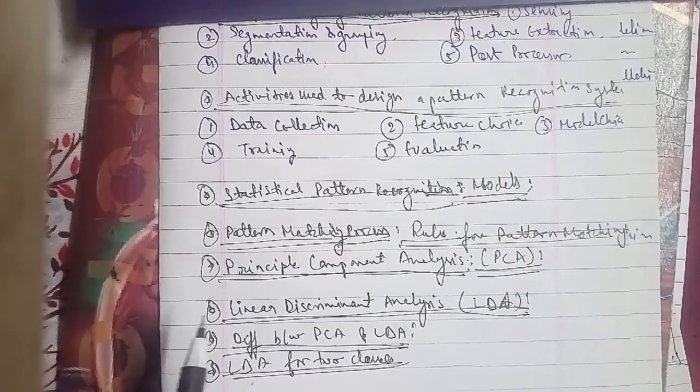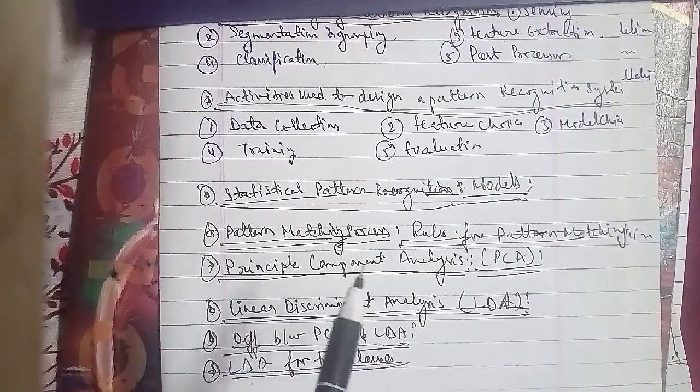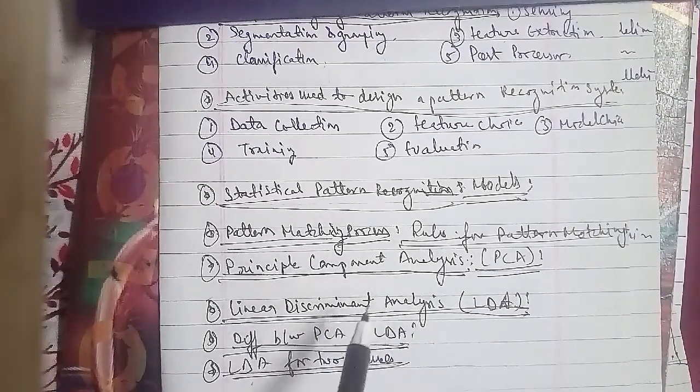Another question they can ask you is: explain how PCA is used in pattern recognition, and describe the parameter estimation method in pattern recognition, for 10 marks. Another question: write a short note on parametric estimation, for 5 marks in the examination paper. For the parameter estimation method in pattern recognition, we have LDA and PCA, which we have already discussed.